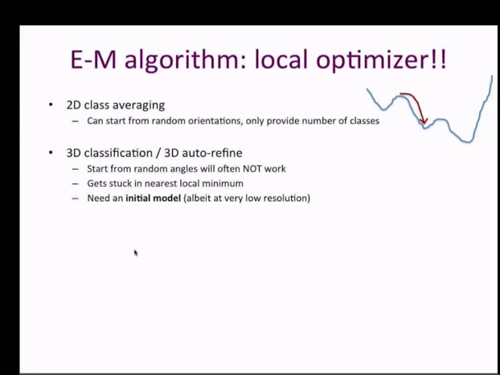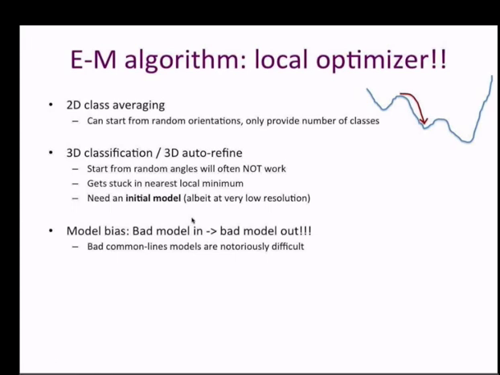So that means you need an initial model to start 3D refinement in Relion, although that initial model only needs to be at relatively low resolution. The fact it's a local optimizer also means that if a bad model goes in, a bad model can also come out. So Relion is not a solution to get away from an extremely bad initial model.